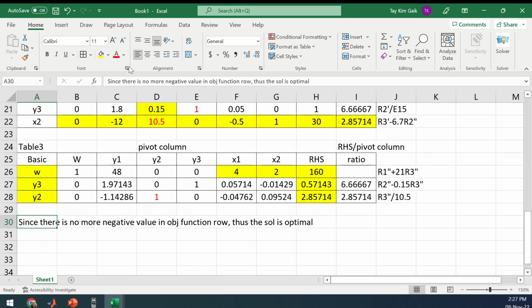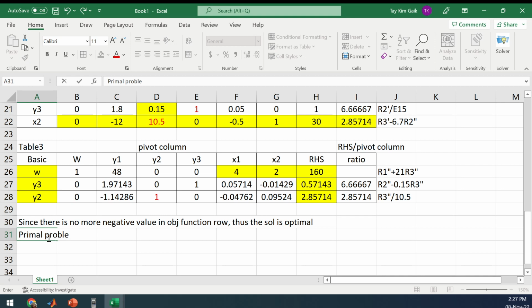And then for the primal problem, the value of z. At the end of your dual problem, w is actually equal to z, so equal to 160. And then x1 is read here, x1 equal to 4, x2 equal to 2, in the primal problem solutions.